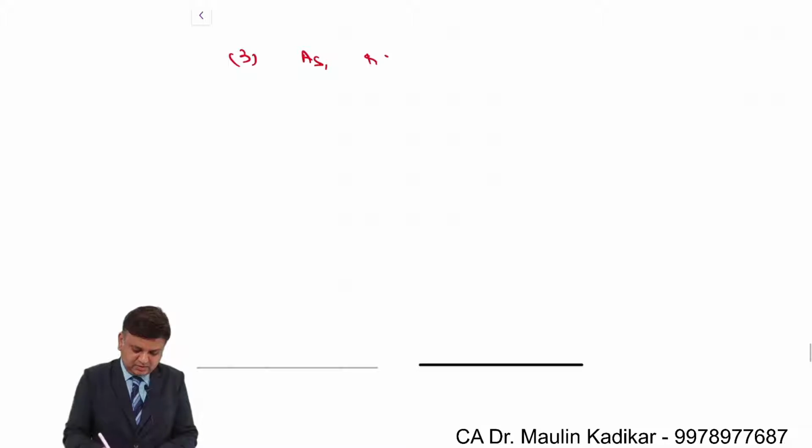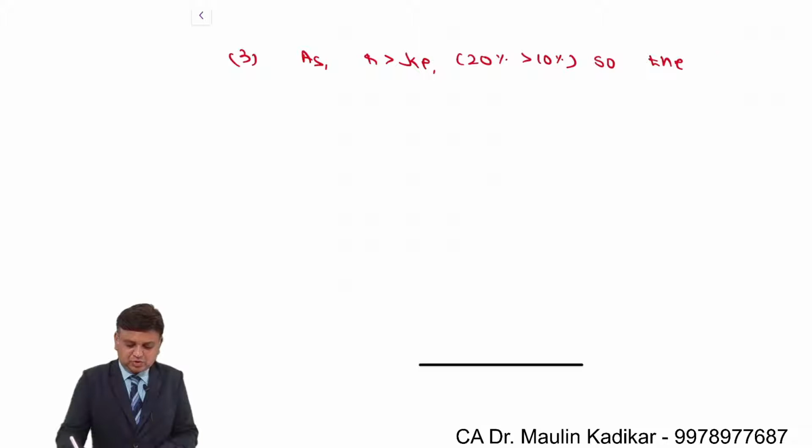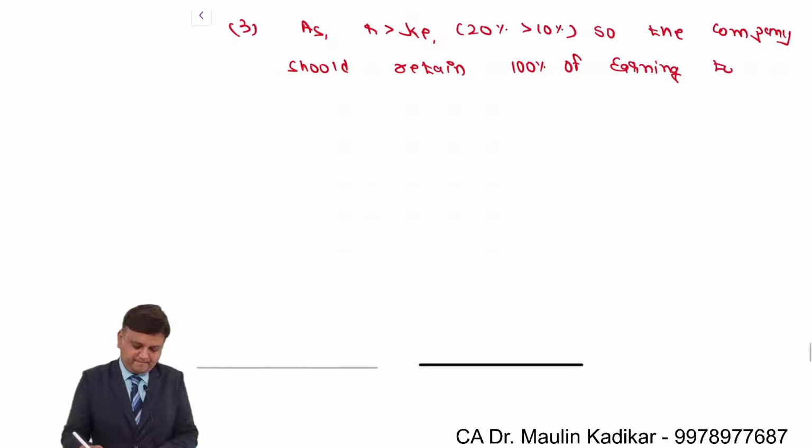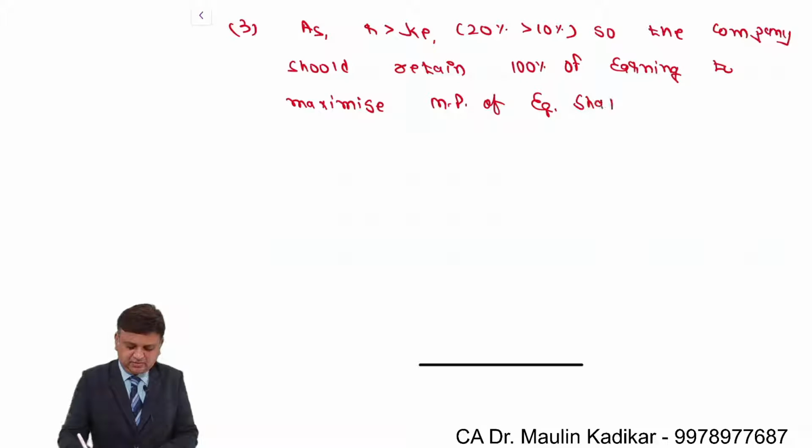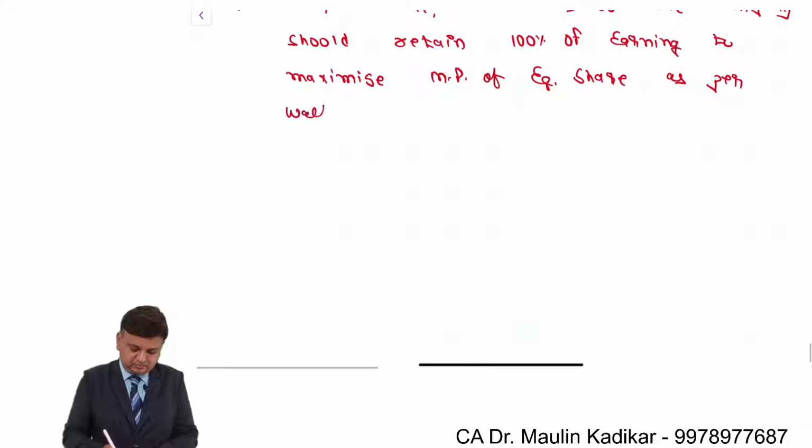As R exceeds K, in bracket write down, 20% exceeds 10%, so the company should retain 100% of earnings to maximize the market price of equity share as per Walter model.